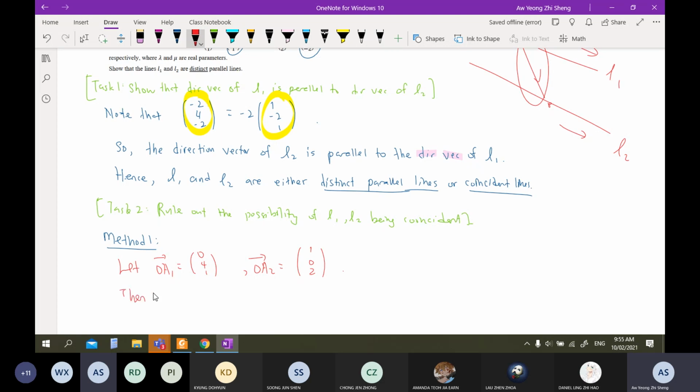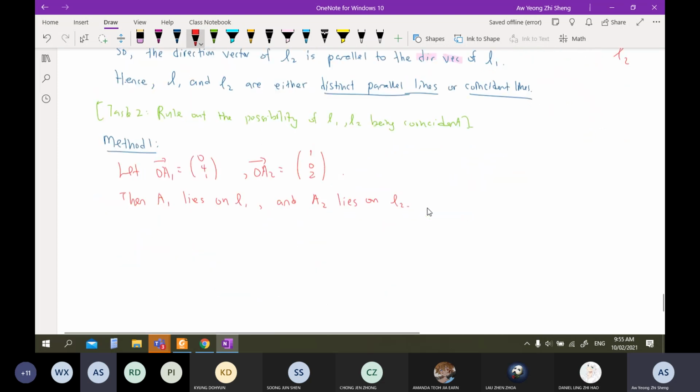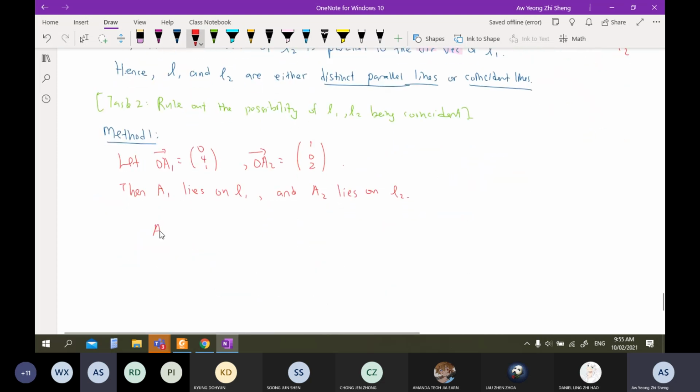Okay, then A1 lies on L1 and A2 lies on L2. Construct the vector A1A2. That is OA2 minus OA1.